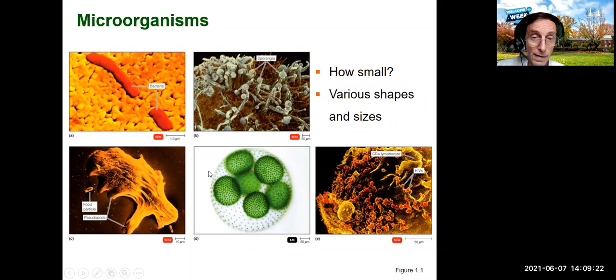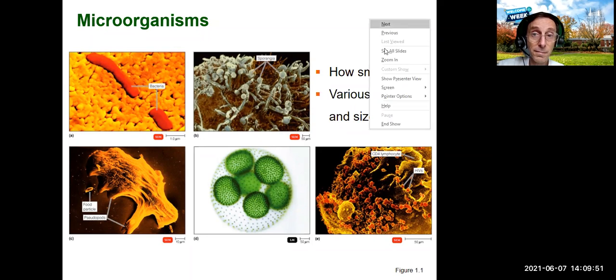So this is a colony of microbes, and this parent colony is about to give rise to baby colonies. 1, 2, 3, 4, 5, 6 baby colonies are inside the parent colony. And then that looks like a lymphocyte. The point is that they are small. You need a microscope to see them. They come in various shapes and sizes. Any question about any of that?